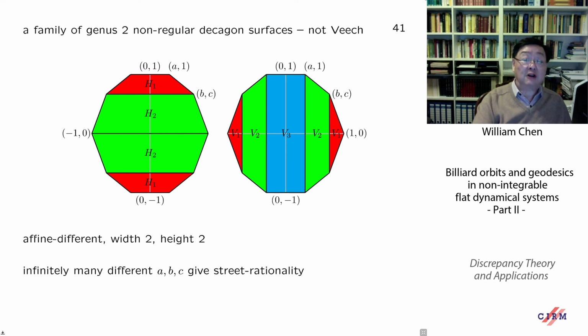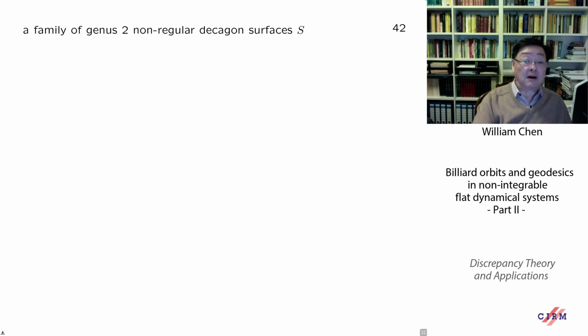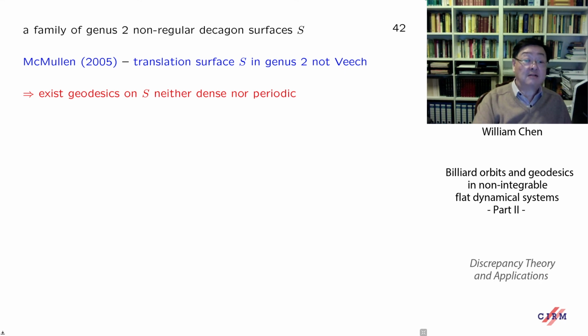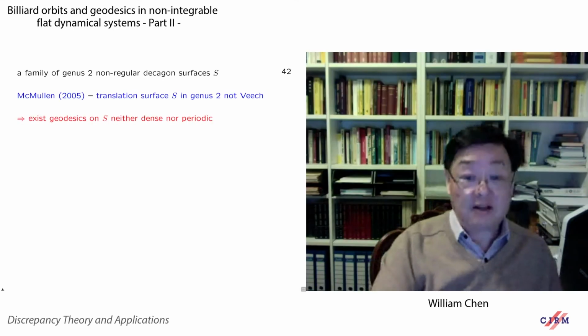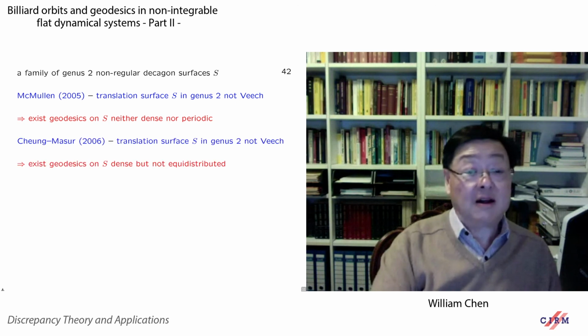But the fact that they are not Veech tells us a bit more. First of all, there's a result of McMullen that says that if a translation surface of genus 2 is not Veech, then you can find geodesics that are neither dense nor periodic. Then there's another result by Chen and Mesa a year later, which says that under such conditions, we can find geodesics that are dense but not equidistributed.